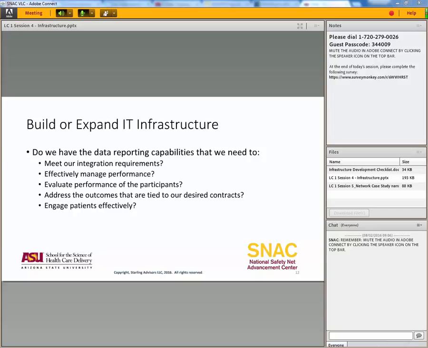One of the key areas of need for most safety net provider organizations really seems to revolve around enhanced analytics and reporting capability. We're operating in an environment where electronic health records have provided us with a wealth of information, some of it very helpful, some of it very confusing or not that helpful, and the ability of a network to help make sense of that information across multiple organizations can be extraordinarily impactful.